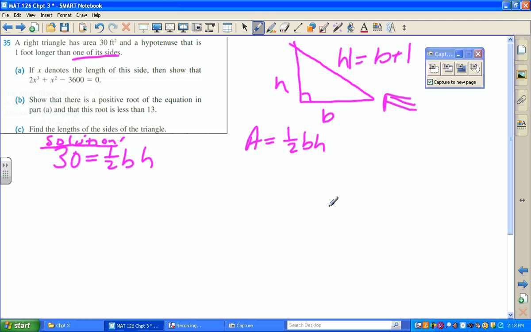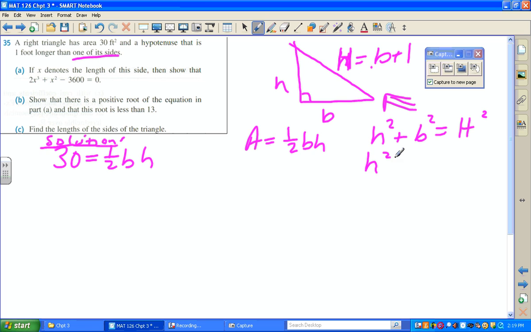What's the Pythagorean theorem, Brooke? Yeah, well, I don't have A's, B's, and C's, so what is it? H squared plus what, equals? Yeah, that would be an H for the hypotenuse. H squared.